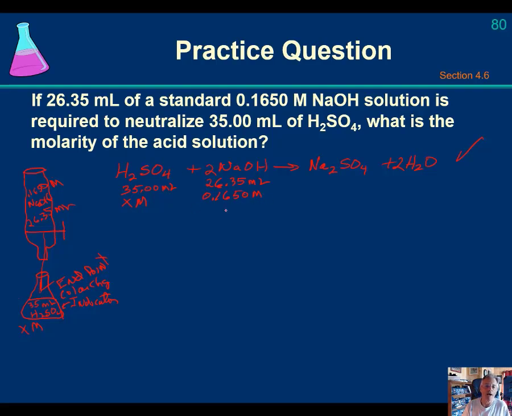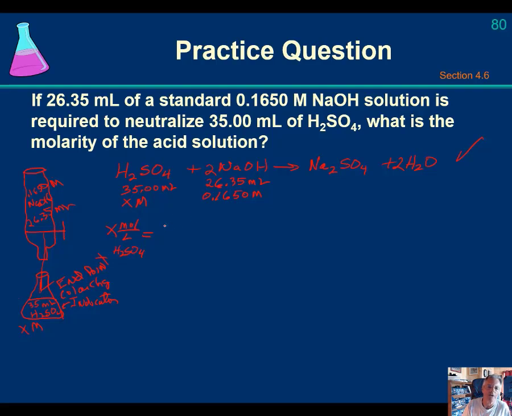Now we need to calculate the concentration of our acid. How many moles of H2SO4 in there? So what we want to know is X moles per liter of H2SO4.